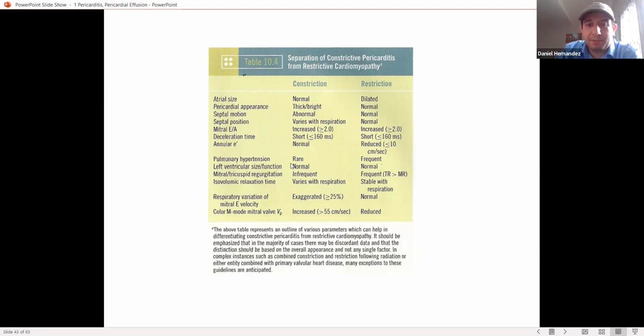Pulmonary hypertension can also be another factor that you can look at. It's fairly rare with constrictive pericarditis, and because you have very enlarged left atria and right atria, which are indicative of elevated pulmonary pressures, it's frequent in patients with restrictive cardiomyopathy.